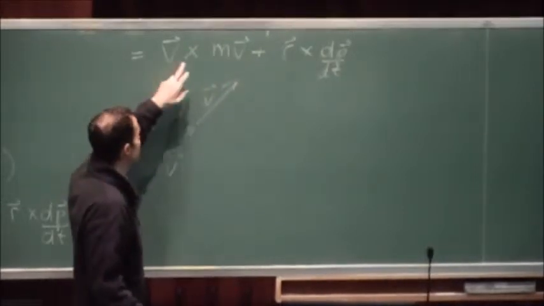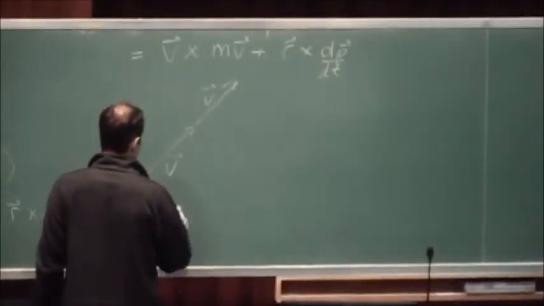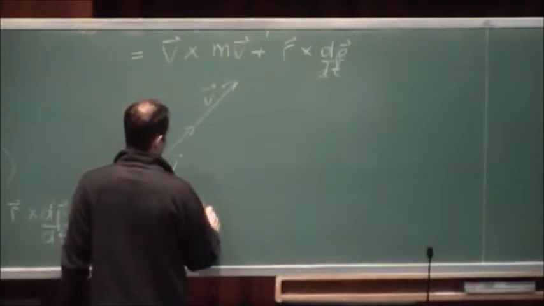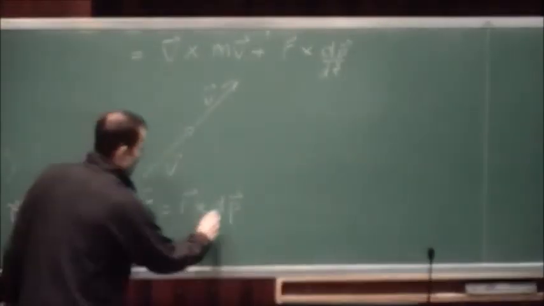So even if the radius is changing, the torque is still defined as r crossed with dp/dt. But what is dp/dt?